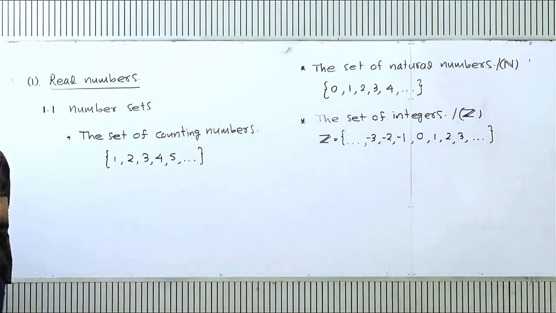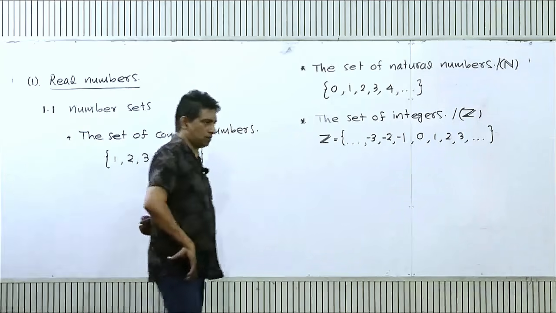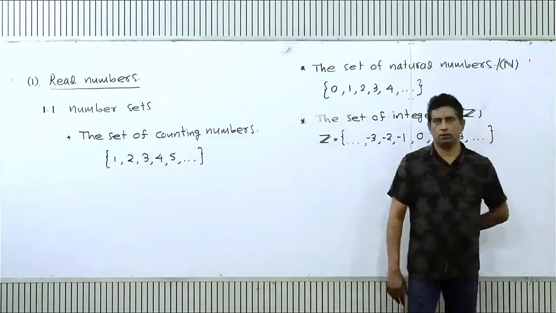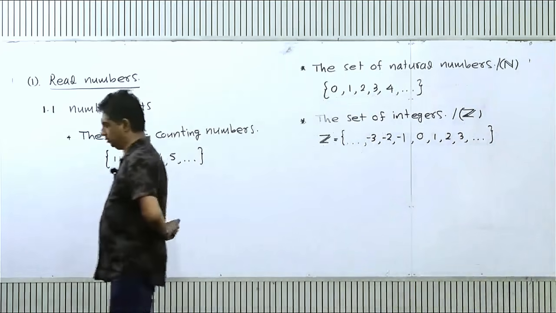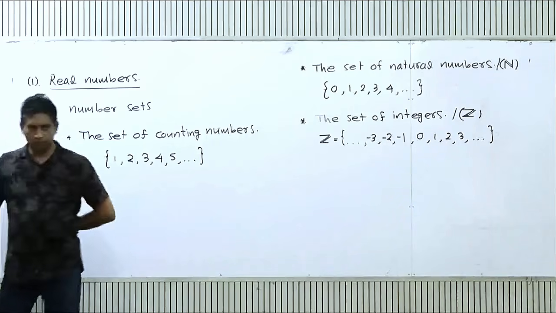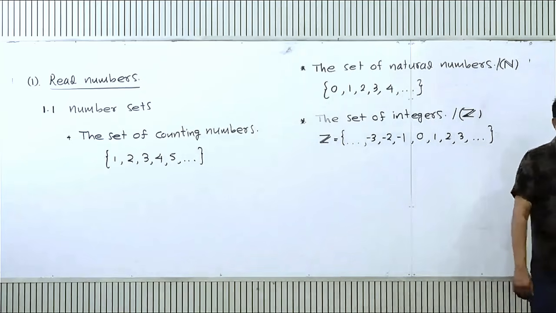The set of negative and positive whole numbers including 0 is known as the set of integers, right?